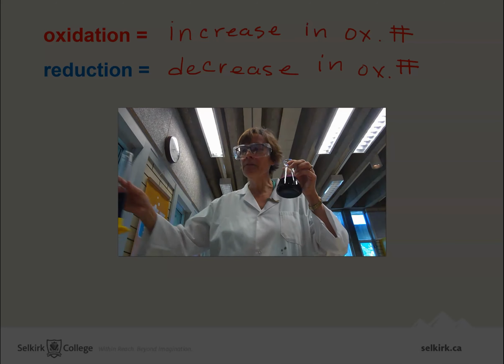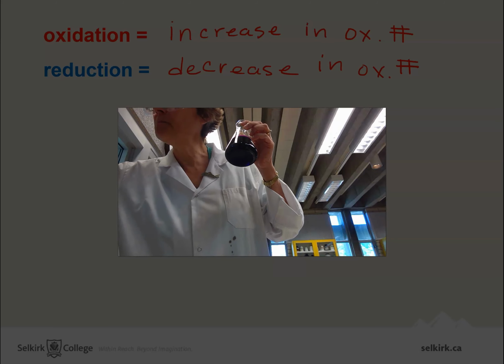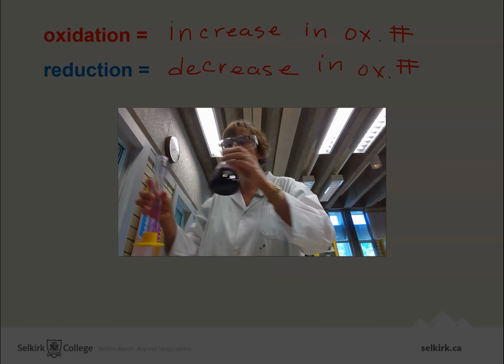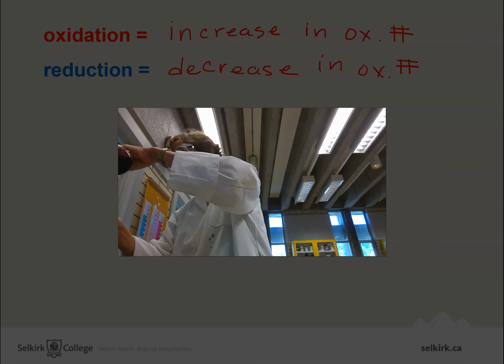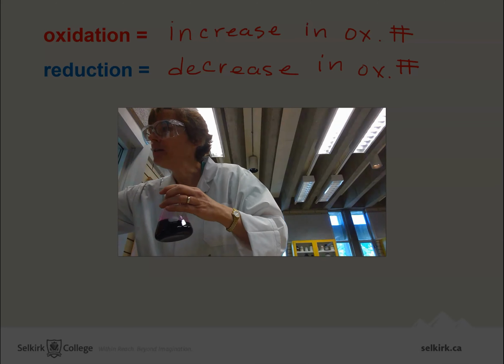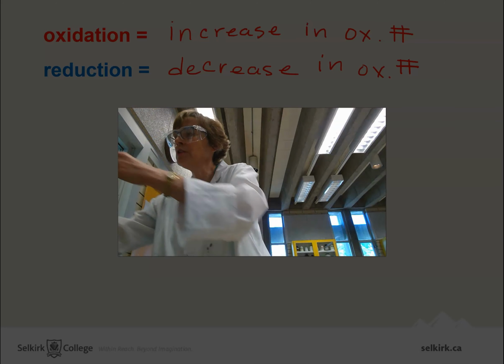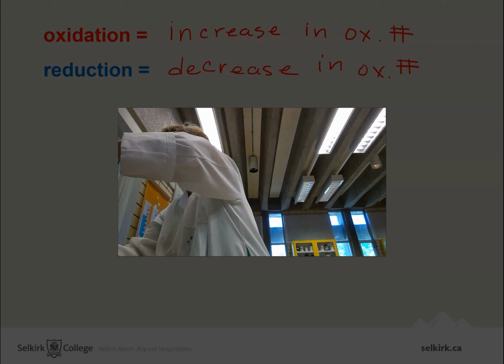I'm going to pour some of that into a series of beakers, and I'm going to add a reagent to them. I've got my beakers off to the side here. I'm going to put 50 milliliters of solution in each one of my beakers.